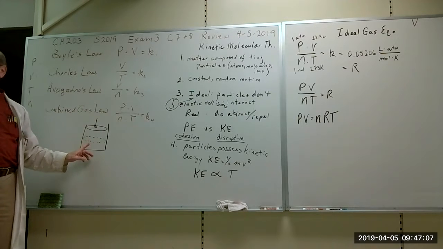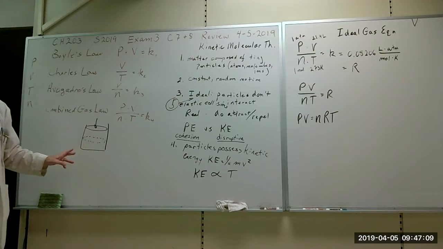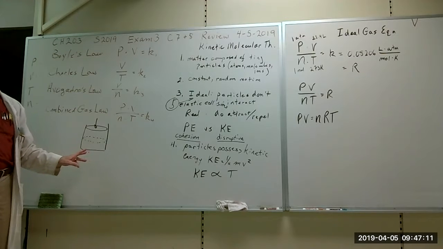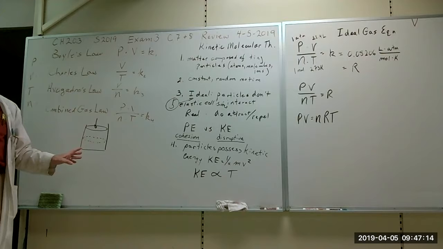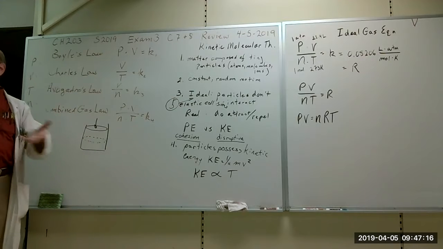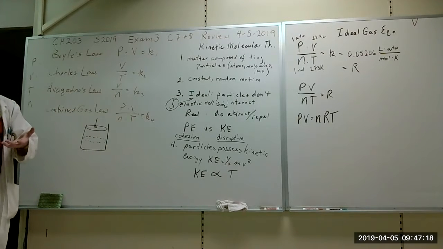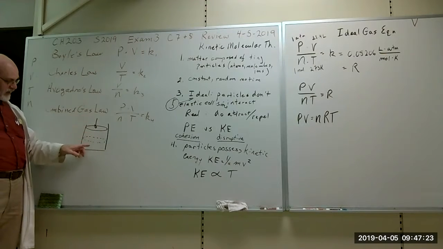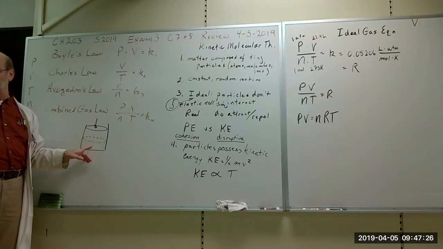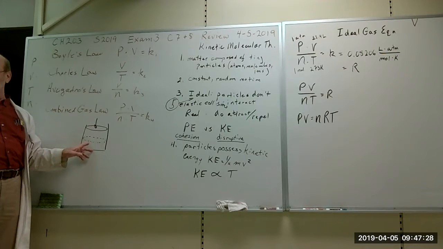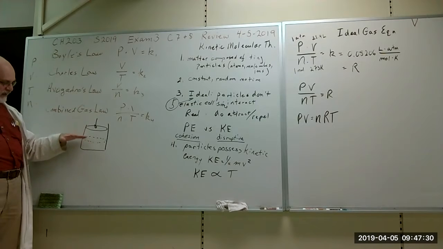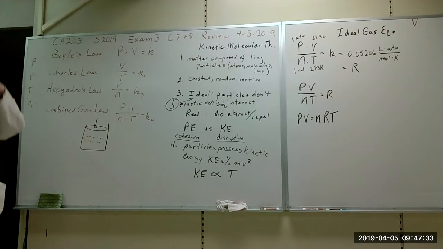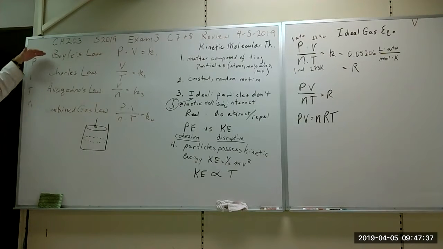So we need more force, which means we need more collisions. Because the temperature is constant, the particles are all moving with the same energy, so we need more of them. As you decrease the volume, the collision frequency goes up. You get more collisions on that piston, which increases the force and eventually balances again, and then the piston stops moving. That's the kinetic molecular theory explanation of this one.